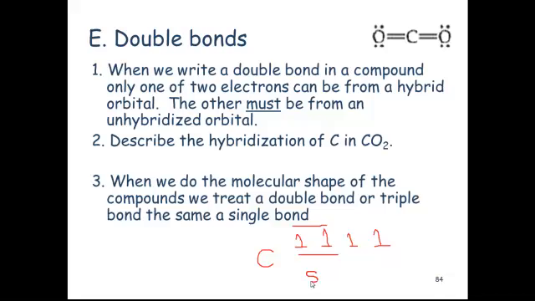The label for this orbital would be an sp orbital. This electron and this electron could be used for the double bond, and that one could be used for the other double bond. So we would say that carbon dioxide has sp hybrid orbitals, which is exactly what we would expect because we know that sp hybrid orbitals have the linear molecular geometry.